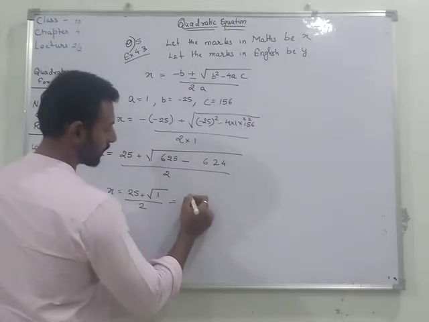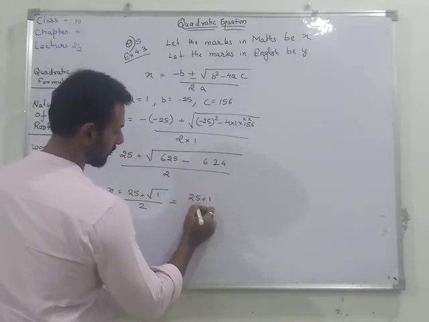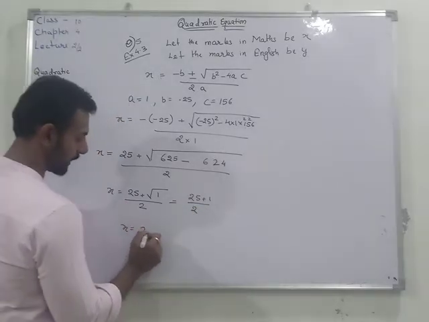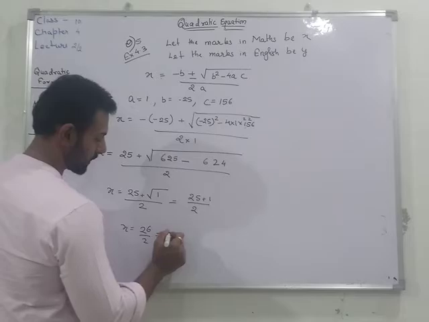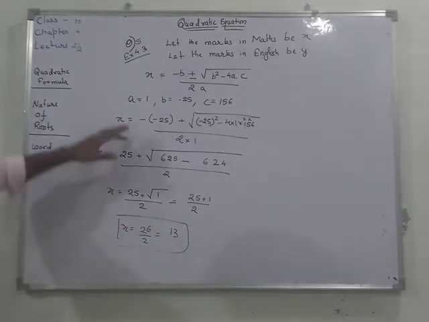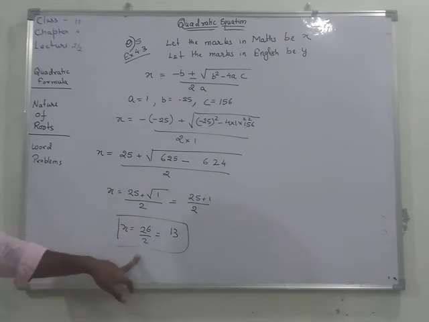This is 25 plus 1 upon 2, which is 26 by 2, which is 13. For the positive part, x is equal to 13.